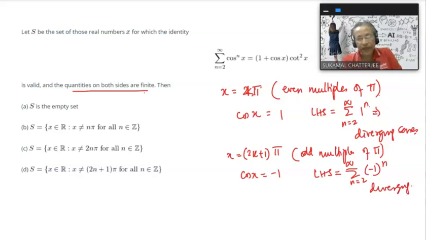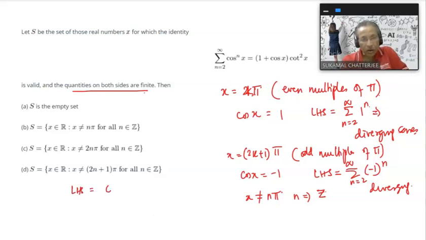So x cannot be equal to a multiple of pi. So x cannot be equal to n pi, where n is an integer. Therefore x cannot be any multiple of pi.